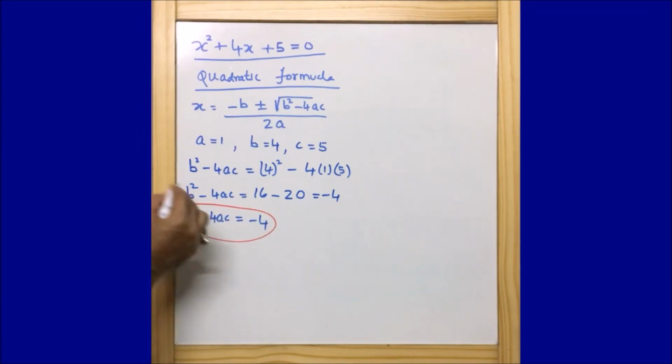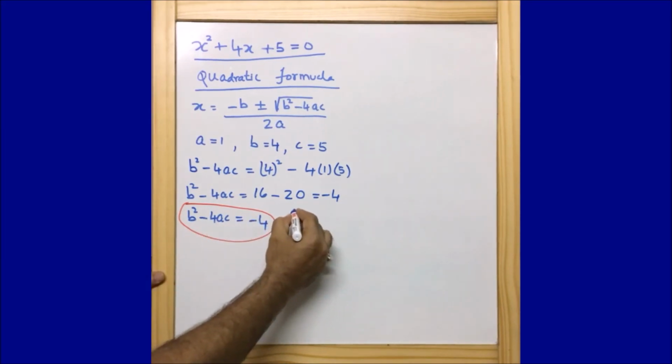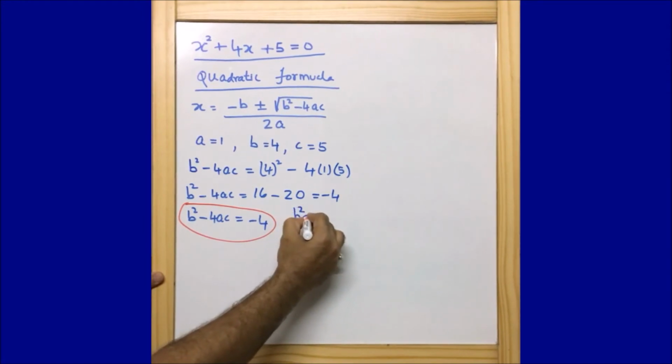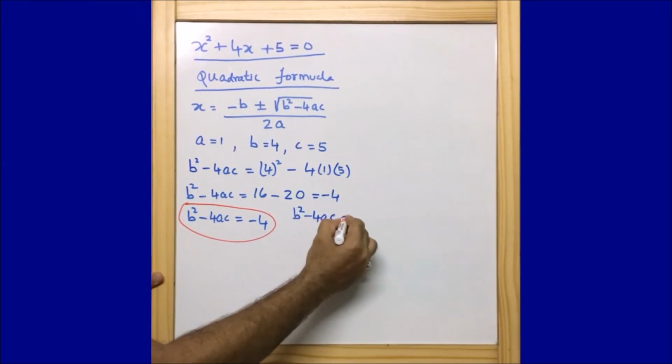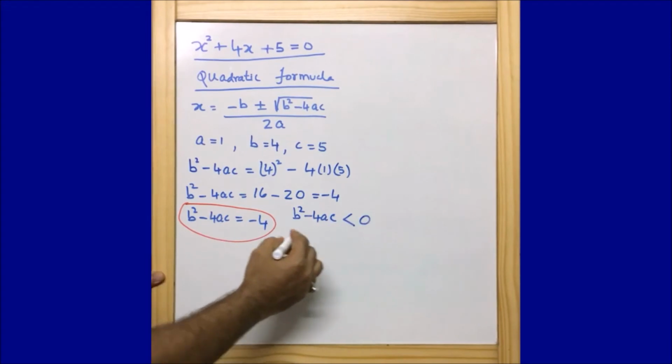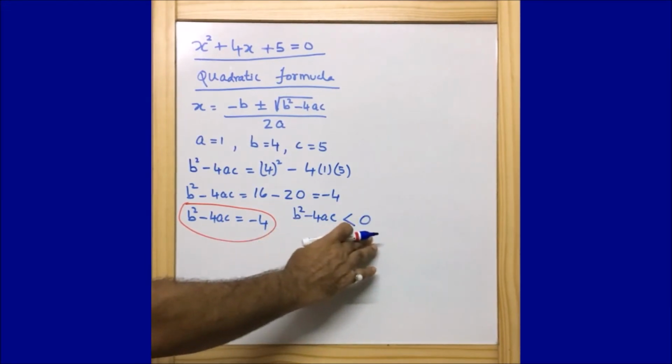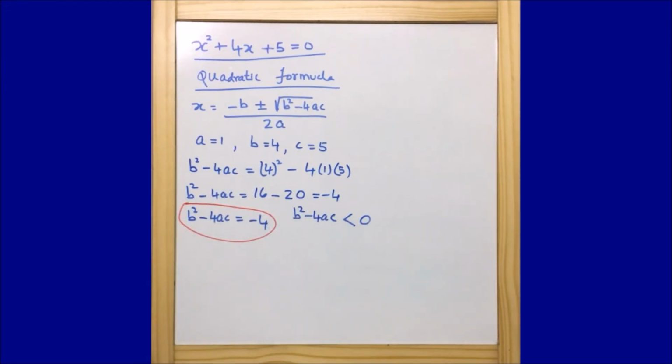As we already told, if b² - 4ac is -4, then we can say that for this particular equation no real roots will exist, because b² - 4ac is less than 0. If b² - 4ac is less than 0, then we do not have any real roots for this quadratic equation.